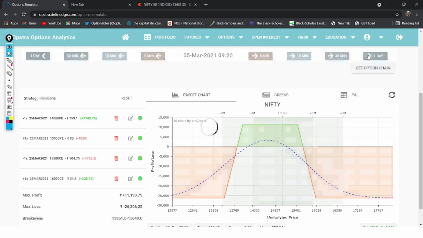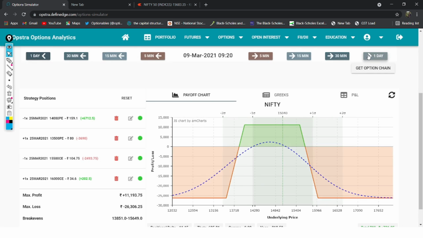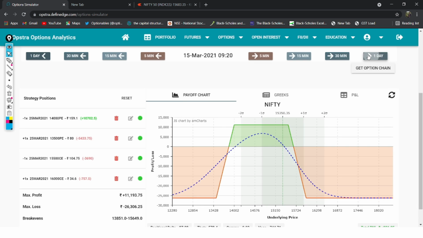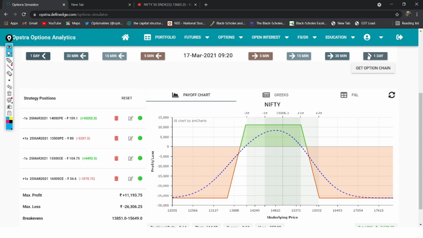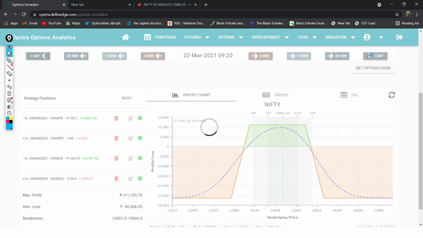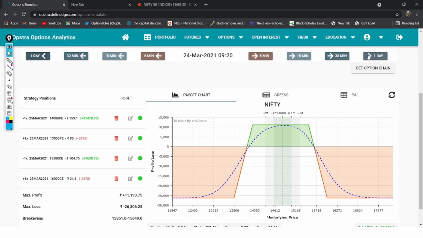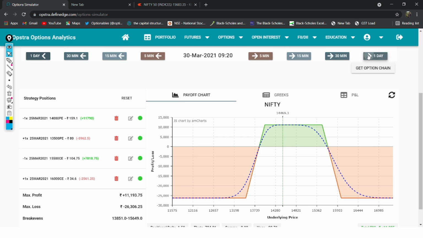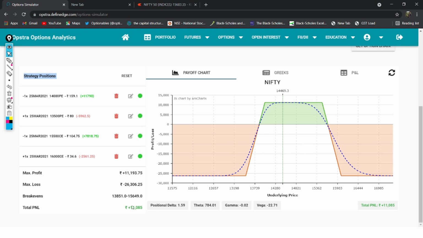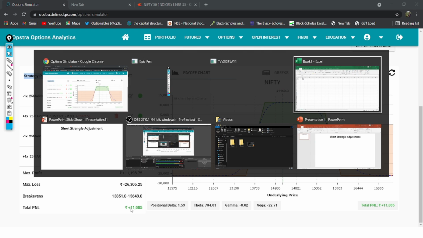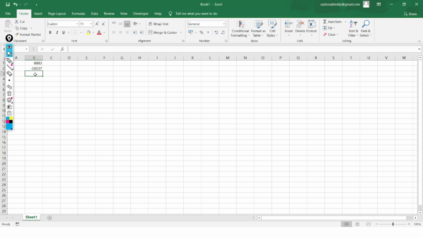In March, it is never going to come close to my break even, which means I never end up adjusting the position. The whole time it trades within my break even range, and I end up making 11,085 rupees in March. So my March profit is 11,085 rupees.